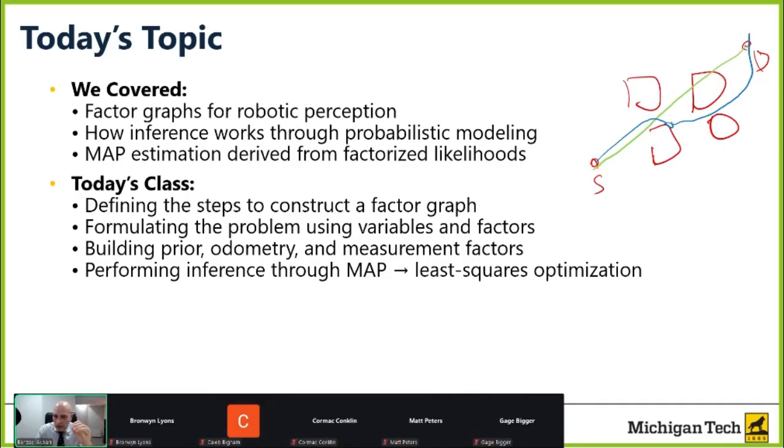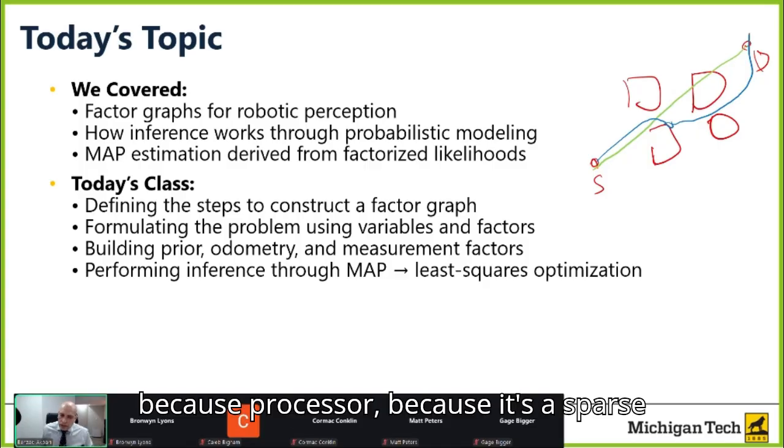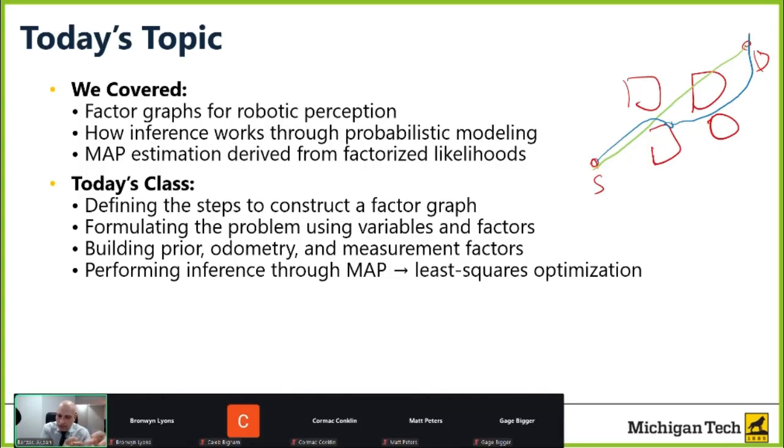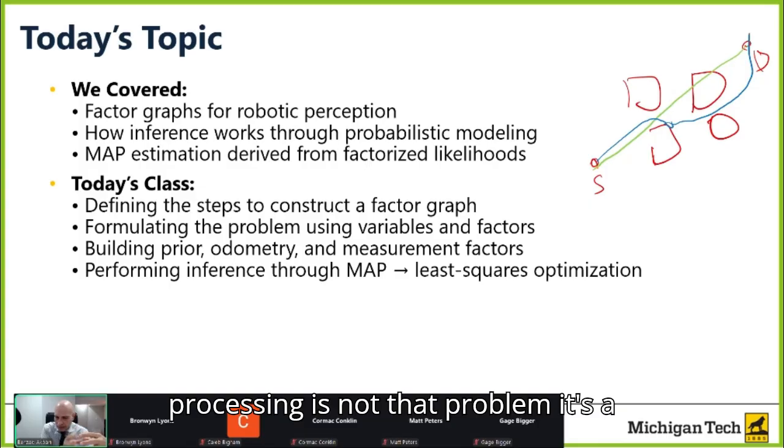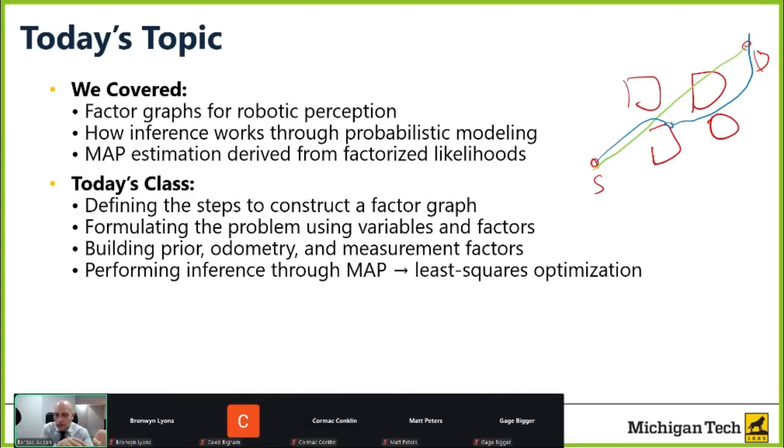You need memory, not just a computational processor, because sparse processing is not that much of a problem. It's sparse, most of the values are zero. You're just dealing with multiple numbers.